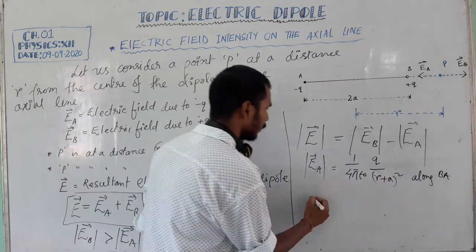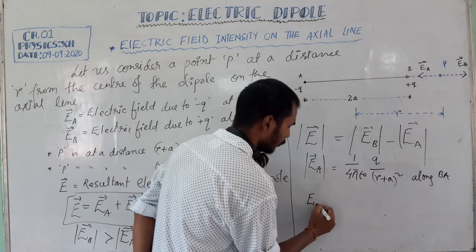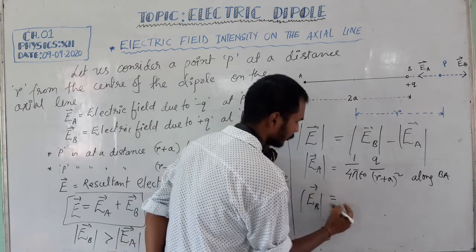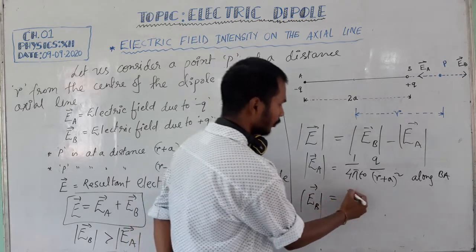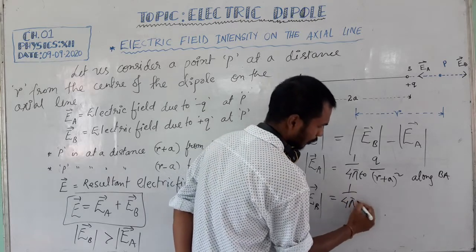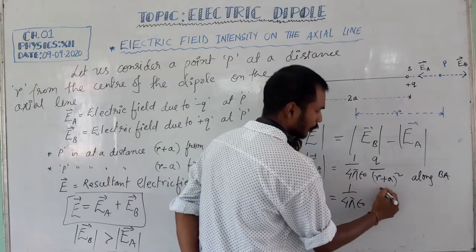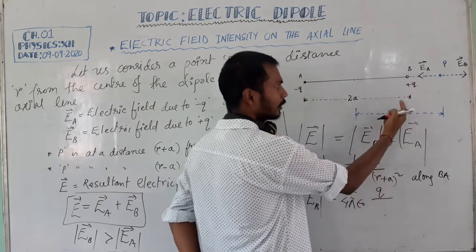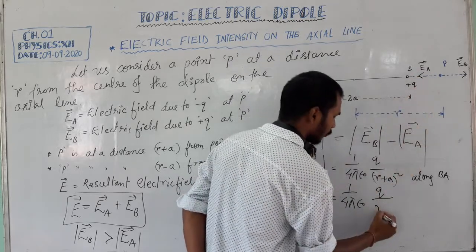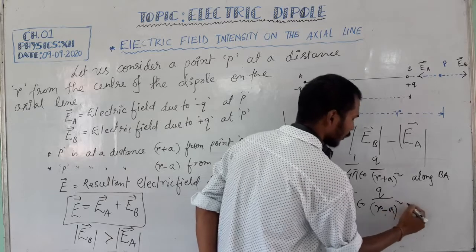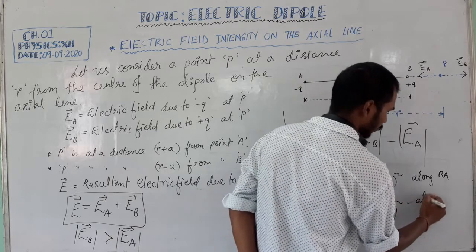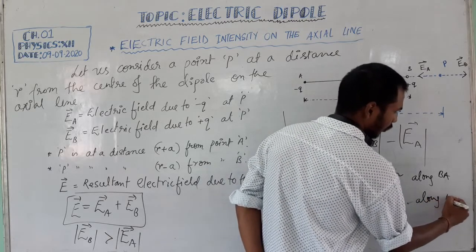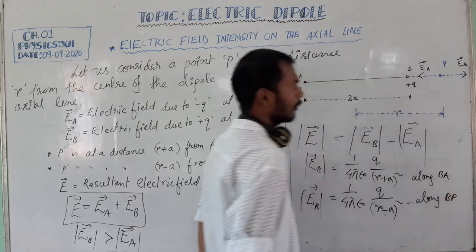Now similarly find the value of EB vector. This is the magnitude of EB. What is the magnitude of EB? We can write 1 by 4 pi epsilon naught times minus q, but we are taking only the magnitude, q. Then the distance of point P from B is r minus a, whole square. The direction is along BP.